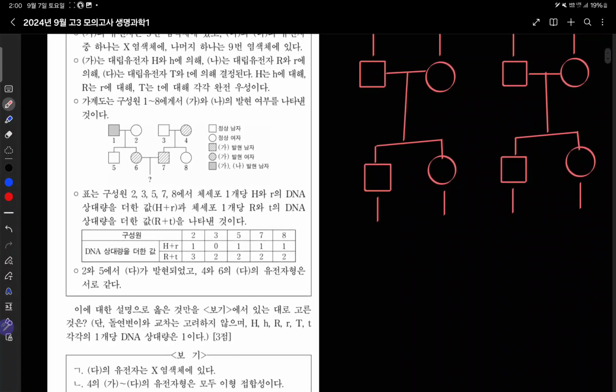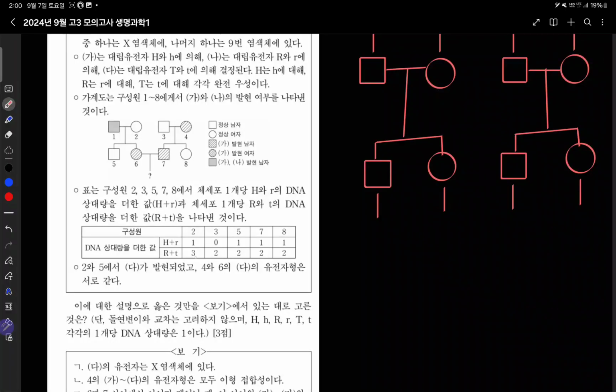So at first, we can notice this number 3 in individual number 2. Because individual number 2 has the third trait, that means the third trait is a recessive trait because she has this lowercase t allele and the expression.